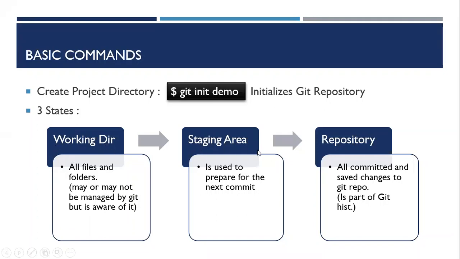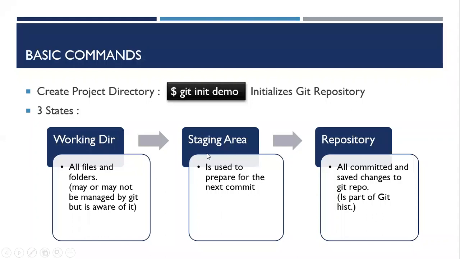So what is the staging area? It is used to prepare for the next commit. Let's say a developer has made some changes to some files and has to save that state. That saving of a particular state is basically a commit. Okay, so I have added some 100 lines and I want to save the state of that file.